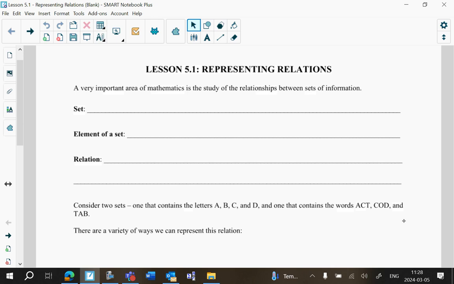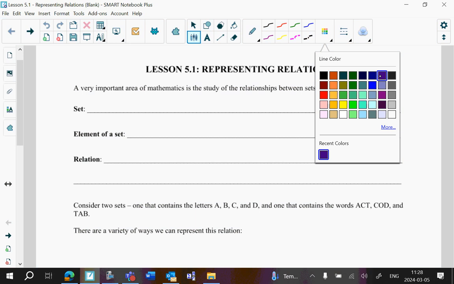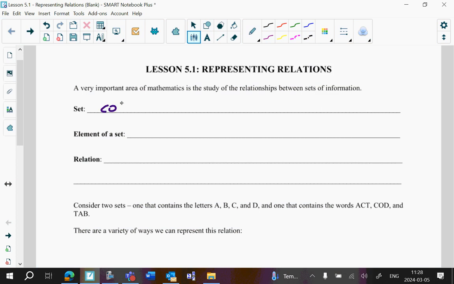Okay, so mathematically, when we talk about relationships or relations, we talk about a set. We use the word set, and set just refers to a collection of information. Now, when you think of math, usually a set contains numbers.